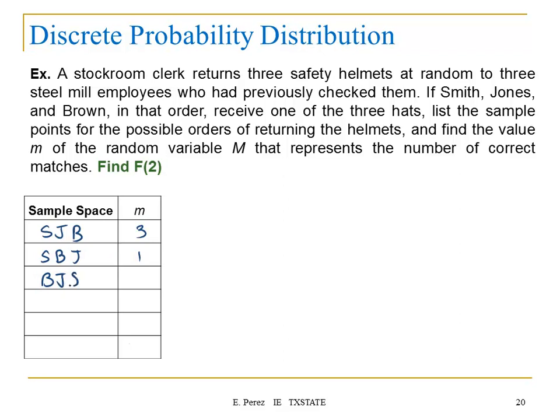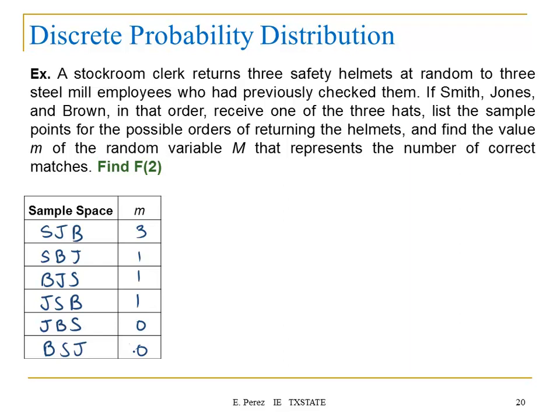B, J, S, 1. J, S, B, 1. J, B, S, 0. B, S, J, 0. Okay, so here we were counting the number of times that we were matching the same person.